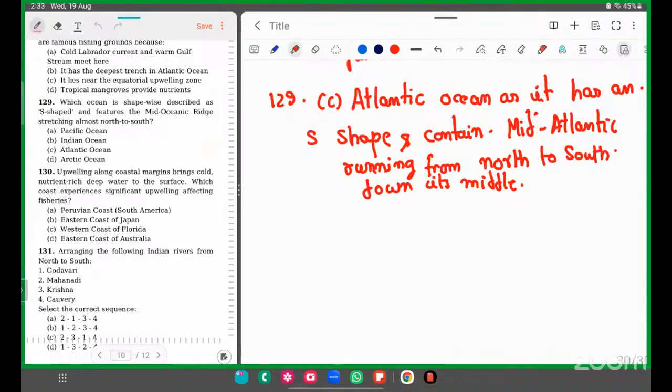Eastern coast of Japan, it is not there as well. Western coast of Florida is in USA, North America, which is correct, and the west coast of Australia is also not the correct answer. So the correct answer will be the western coast of Florida.